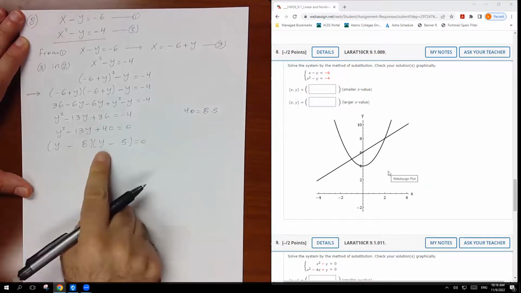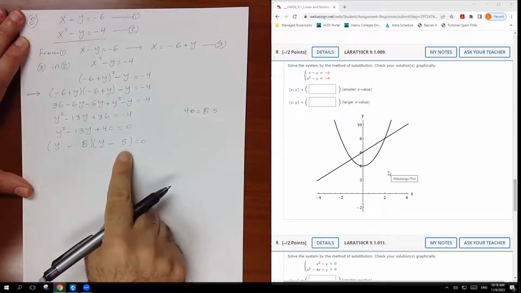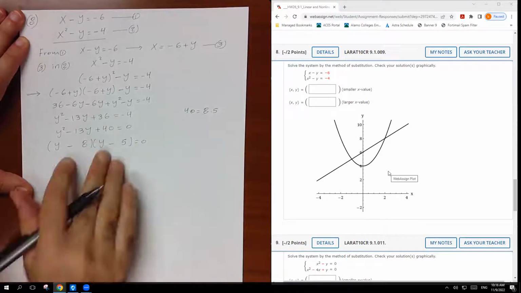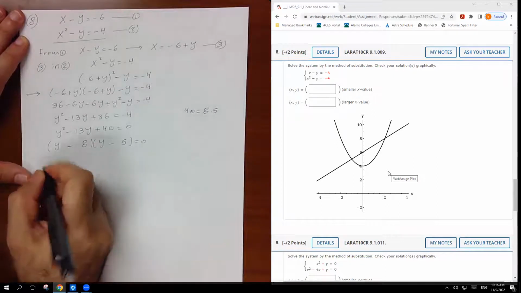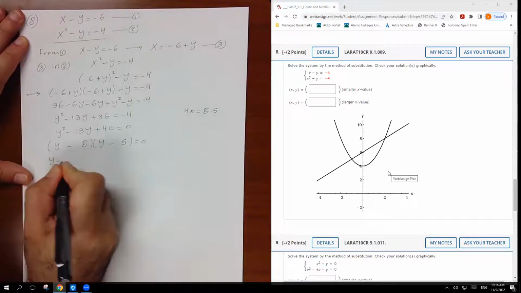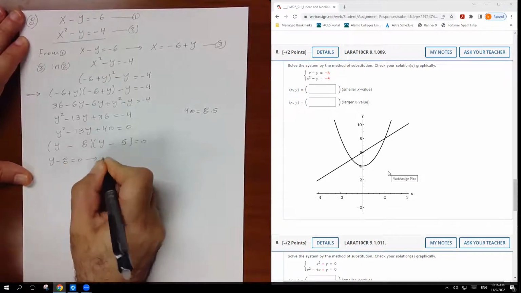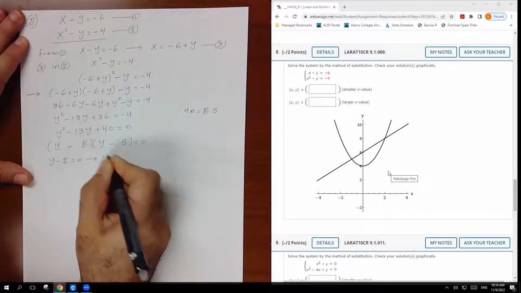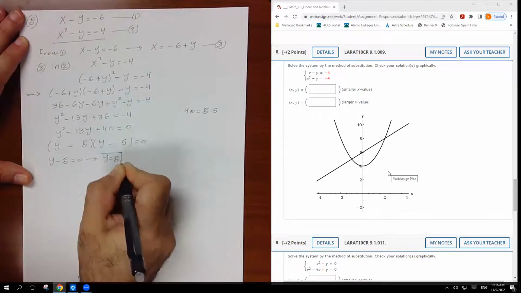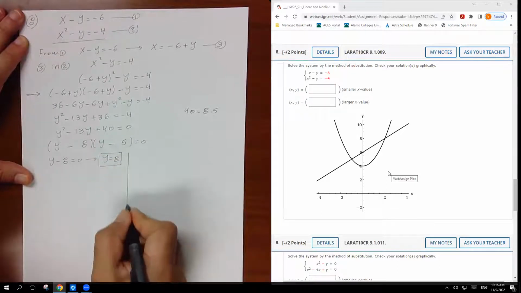So -8y, -5y. So add these together is going to be -13, which is the middle term. That means this is right. So now y minus 8 is going to be equal 0. That means y is going to be equal 8. So this is the first y.